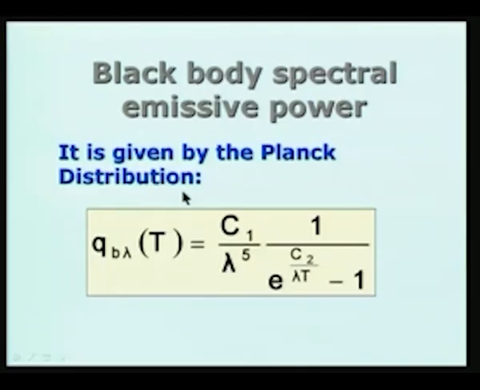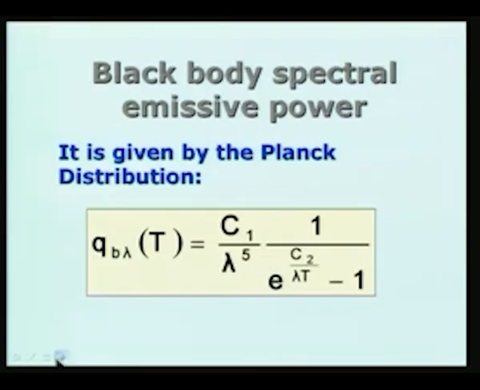So, it is given by the Planck distribution function, which is a fundamental relationship which can be derived from fundamental considerations, and it is given by q_b lambda T, which is the black body spectral emissive power, given by watts per square meter micrometer. Micrometer is lambda, so per unit wavelength.